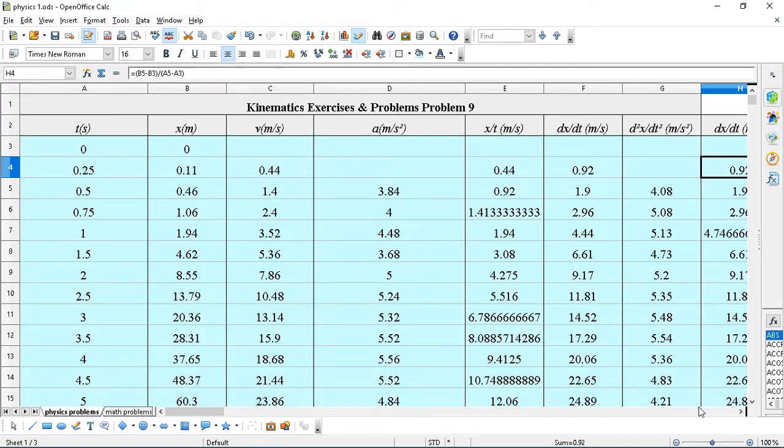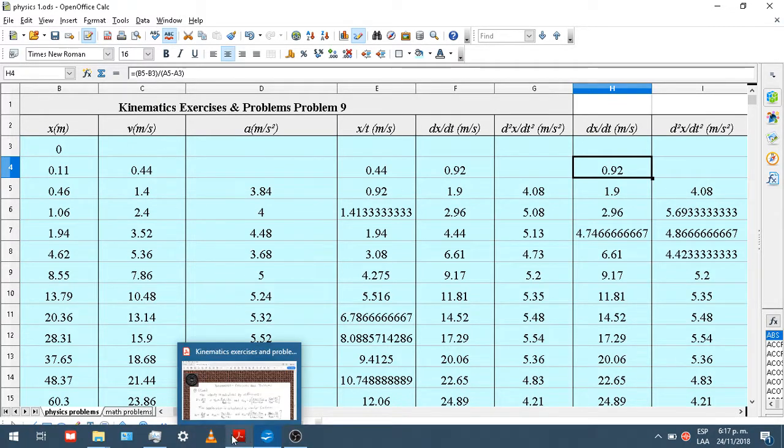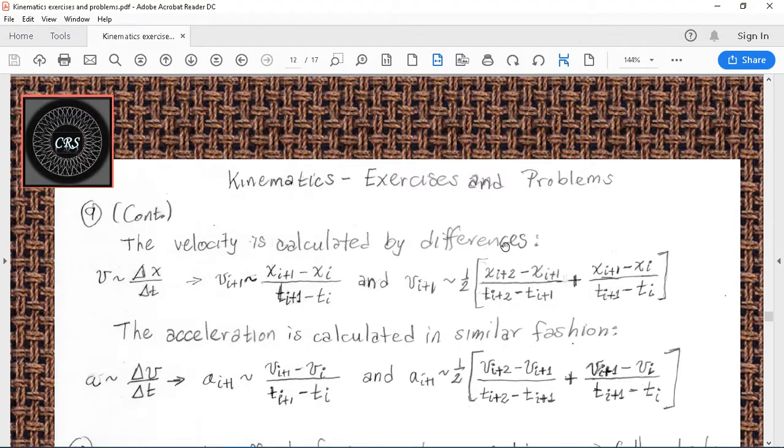So, what is asked of us to do? We're supposed to calculate the values of velocity and acceleration, and for that the following formulas will be used.